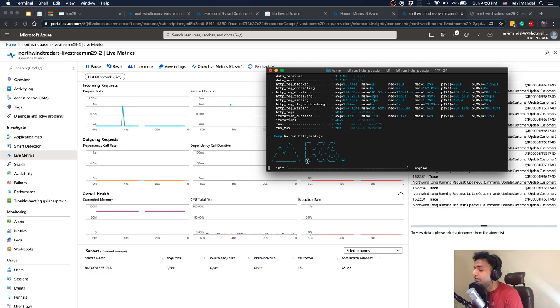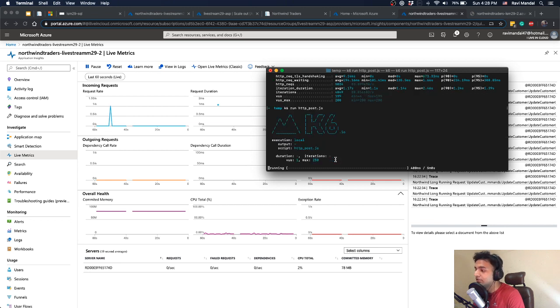So yep, this will initialize the engine and ramp up the number of requests in the system. I think it will cross the limit of 1 minute, and it will cross the CPU percentage of around 100% as well. So let's see what happens. The number of requests are being increased.